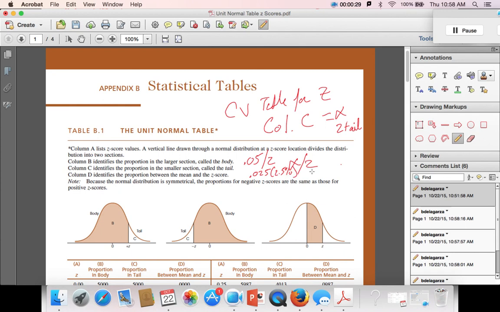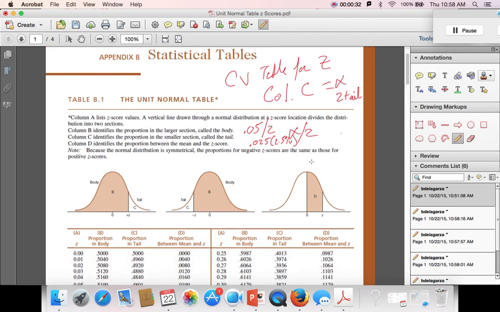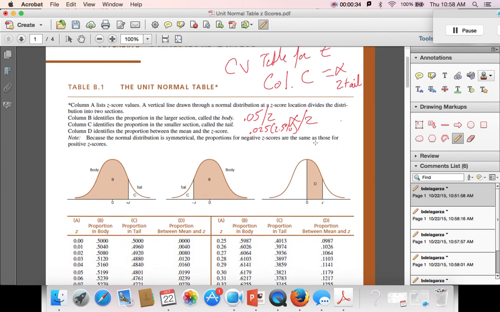So when we look in column C for our specific proportion in the tail, we are looking for an alpha level equal to 0.025, because remember, since it is a symmetrical distribution, it's going to identify one of my tails at 0.025, and then since we're going to add in another tail, we're going to assume this one's at 0.025 as well.